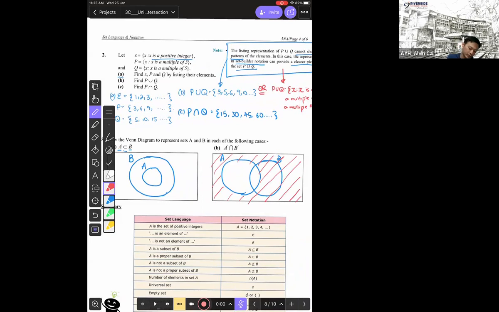Then now I'm going to change to another color, green. Now I'm going to start shading anything that's outside B, because it's B complement and A complement. Anything that's outside B, I shade.